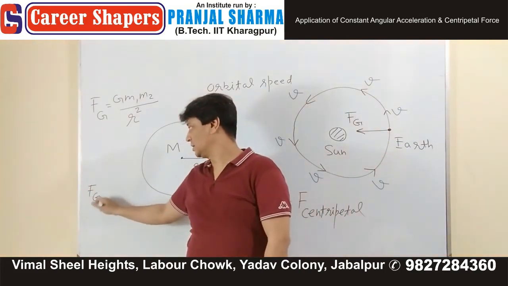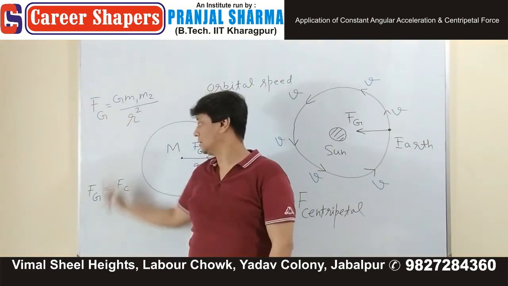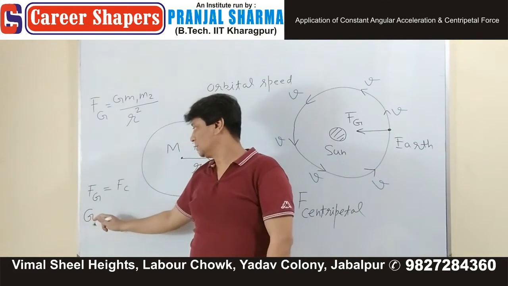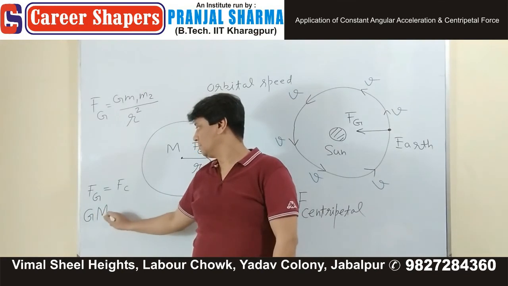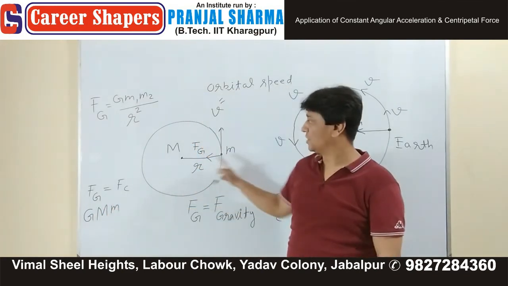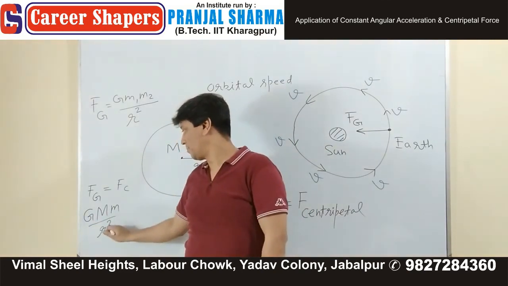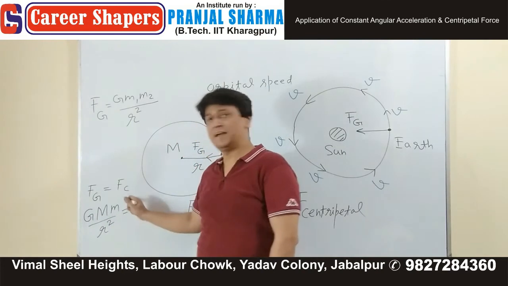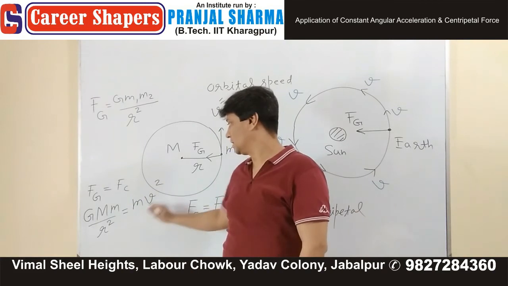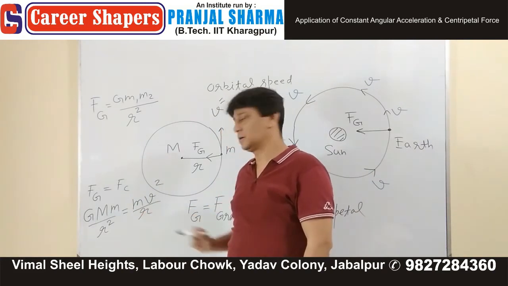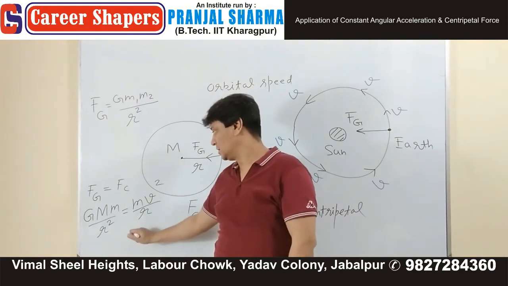Fg is Fc. What is Fg? Here, G M m, that is m1 m2, divided by r square is equal to what? Fc. What is centripetal force? m v square divided by r. m cancelled, r cancelled.